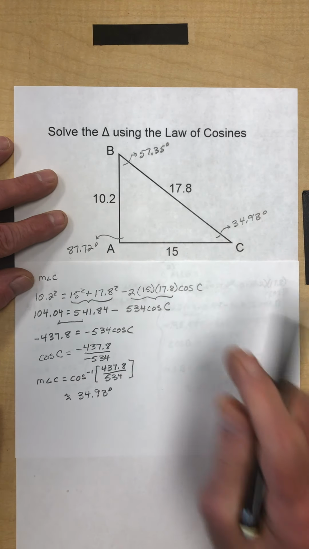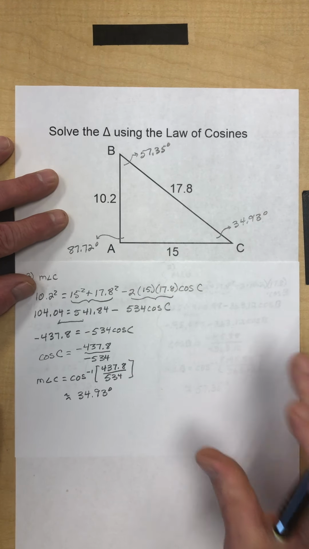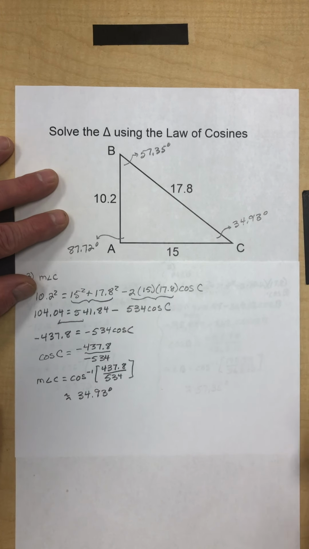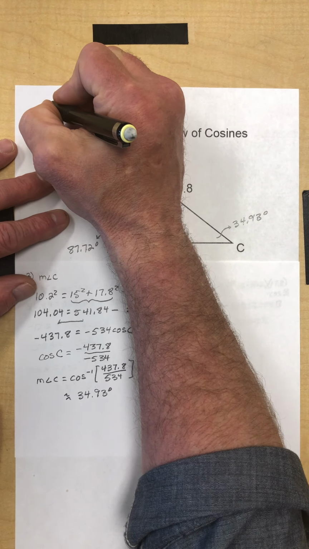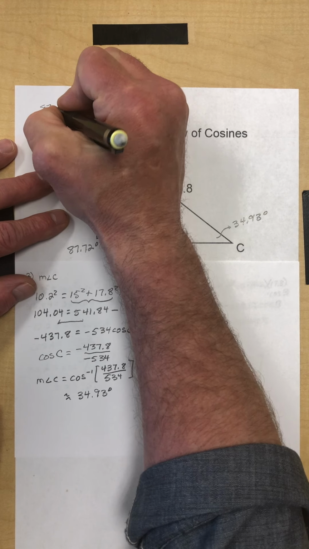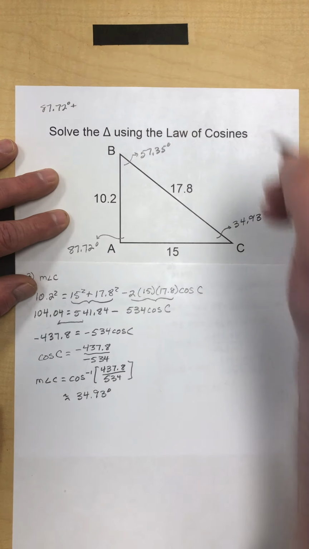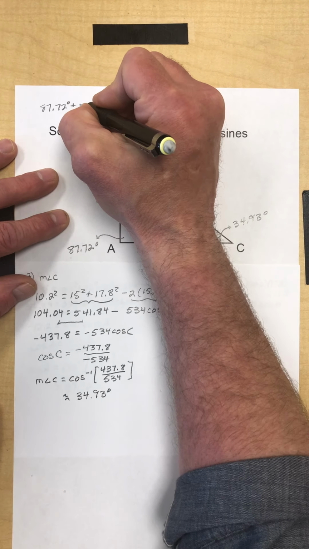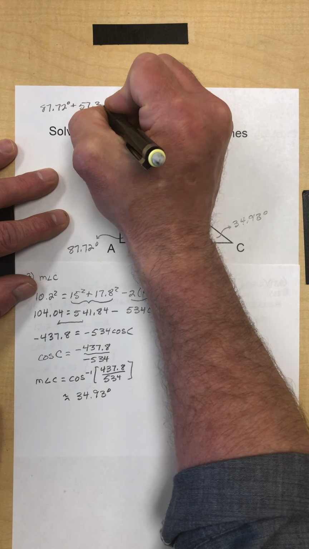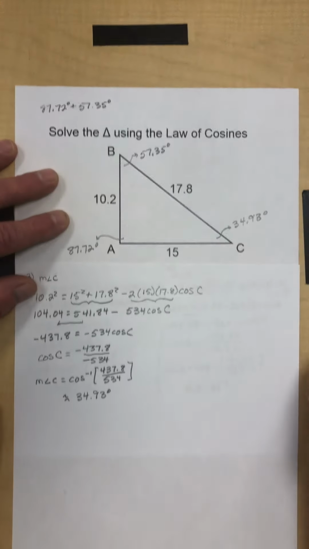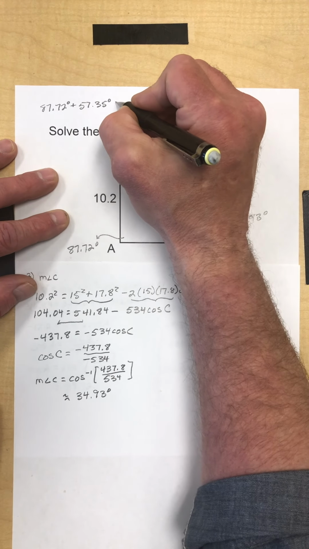So these three angles have to add up to something very, very close to 180. So let's see, we're going to check that. So we go 87.72 pesos plus 57.35 pesos plus 34.93.